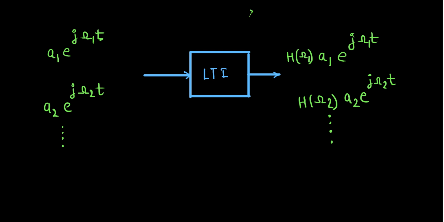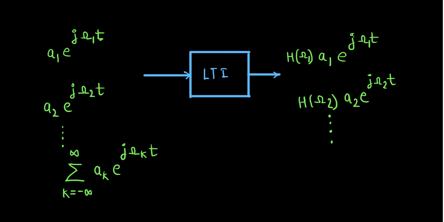As the system is linear, a combination of such inputs would lead to the combinations of such outputs. Meaning, let's say you have the input as a linear combination of various such complex exponentials, so in general it would be a k e to the power j omega k times t, where k is running all the way from minus infinity to infinity.